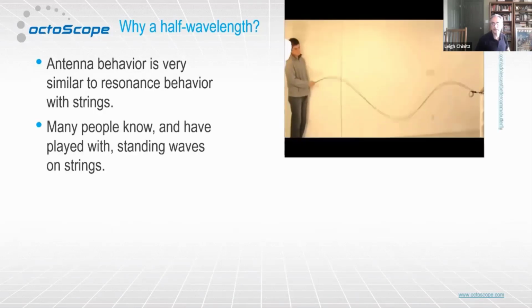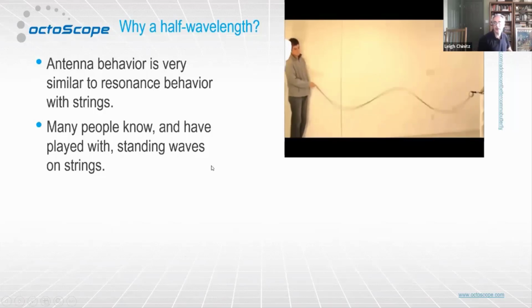And the reason is that people are much more familiar with strings than they are with electromagnetics. A lot of people played with strings, and you can see this guy here playing with this nice long string, and he's got one end of it attached on the right-hand side. The other end of it, he's holding in his hand, and he has basically kept that fixed.